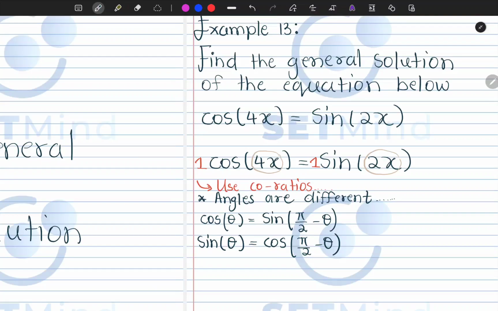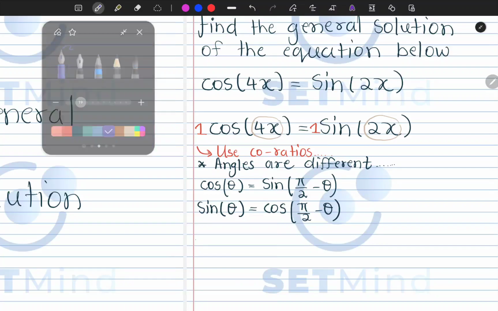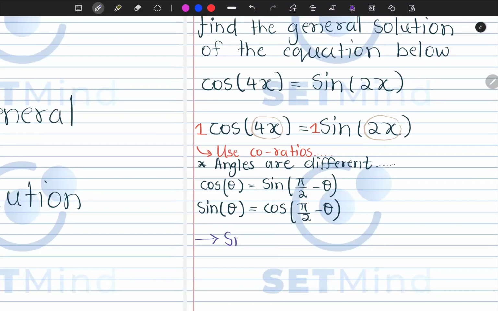Okay. So what I'm going to do is convert the sine to a cos, because once the trig ratios are the same, the angles inside are going to be the same. So sine of 2x can be written as, if we want to write it in terms of cos, pi over 2 minus 2x.